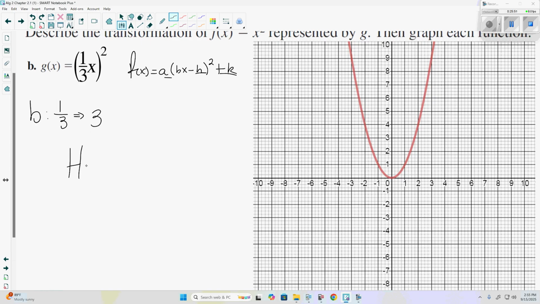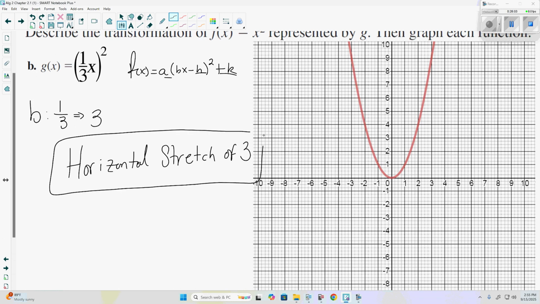Since it is taking the place of B, it's telling us that we have a horizontal stretch of 3. So we get something that looks like this here.